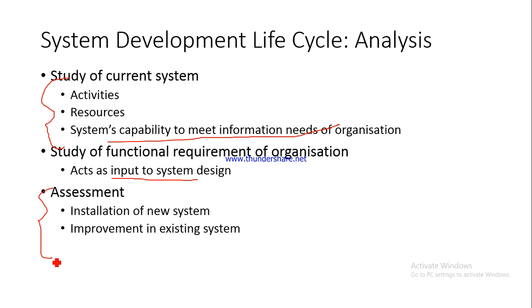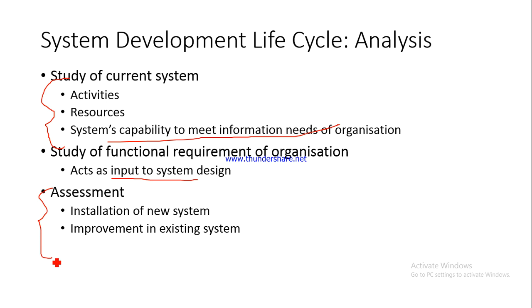So this is the investigation that will have to be made here. This is the assessment that will have to be made here. In the investigation stage, remember, we found out whether we need to have a new system in place, and whether we need to continue with the same system because the new system is not possible.